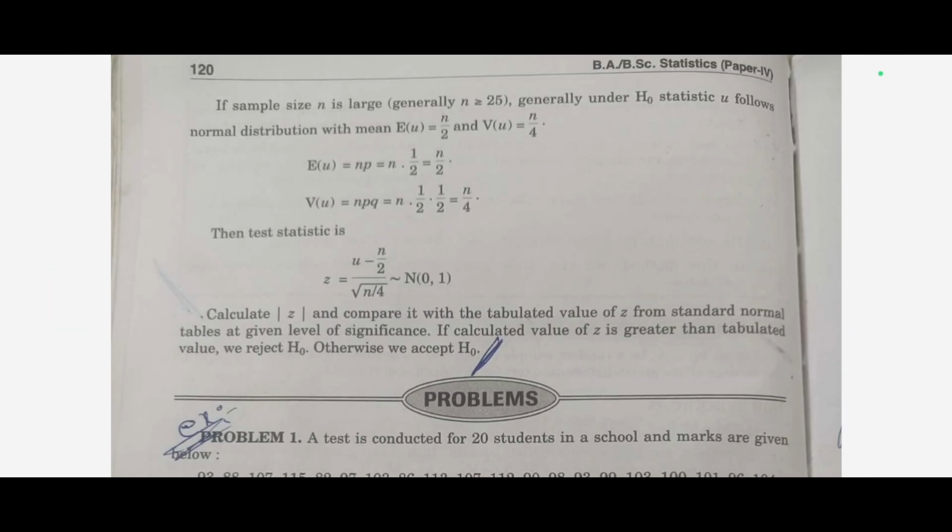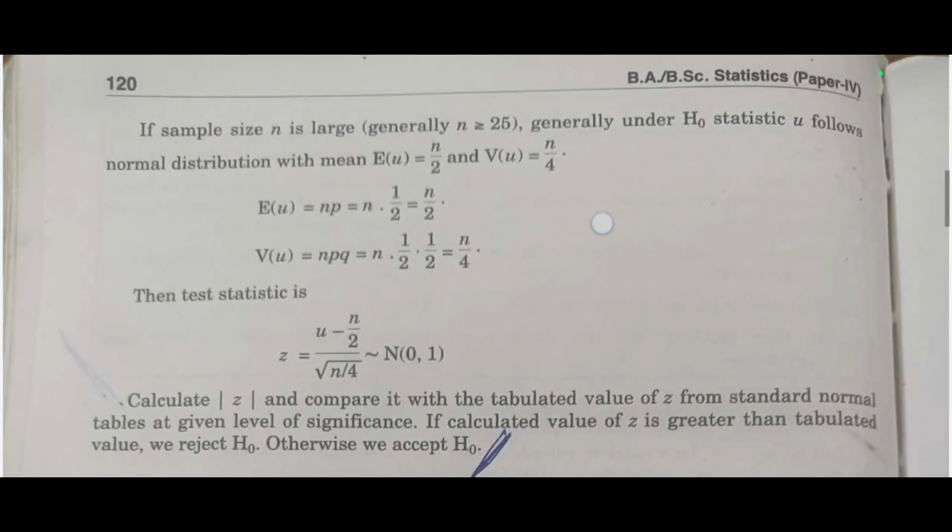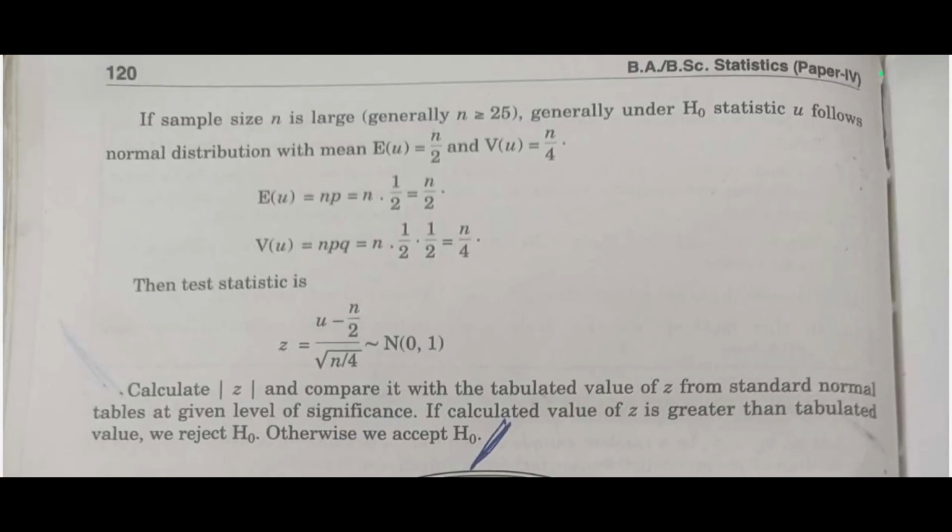If the sample size n is large, generally greater than 25, U follows the normal distribution with mean n by 2 and variance of U equal to n divided by 4. So the expected value of U and the variance of U. The Z statistic is U minus n by 2 divided by the square root of n divided by 4, which follows normal with 0 comma 1.